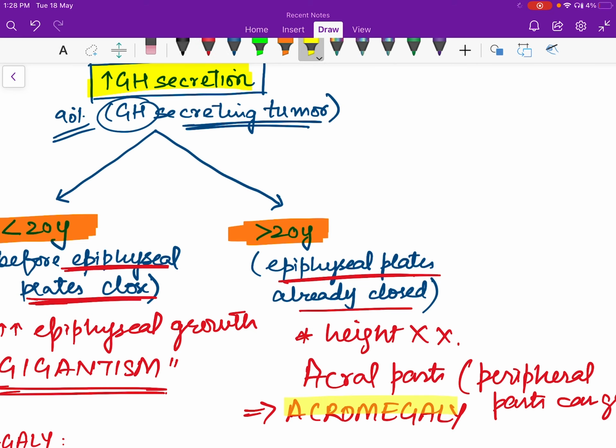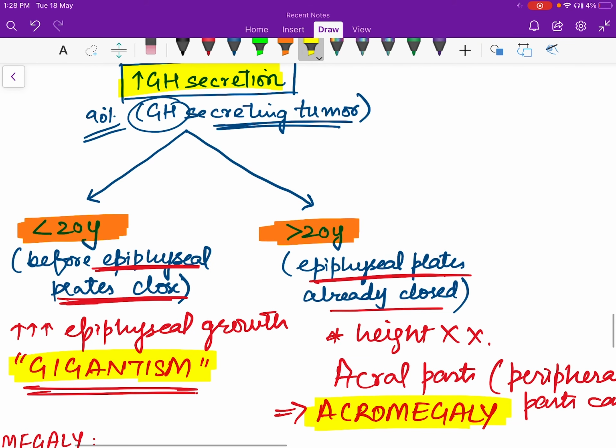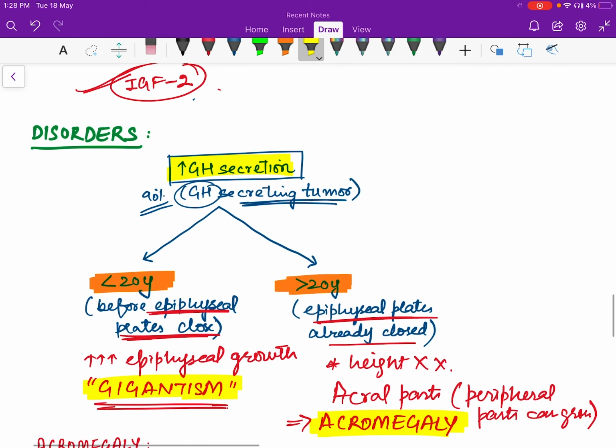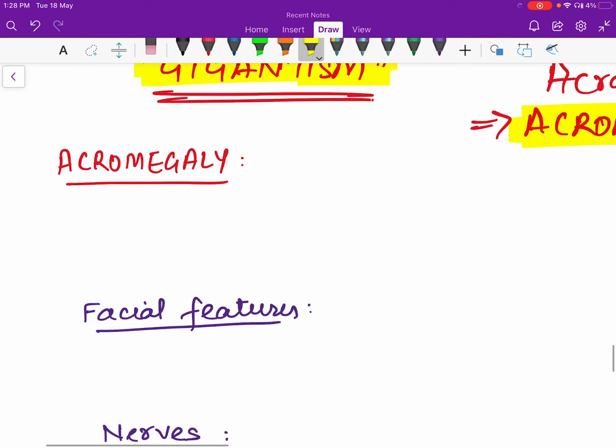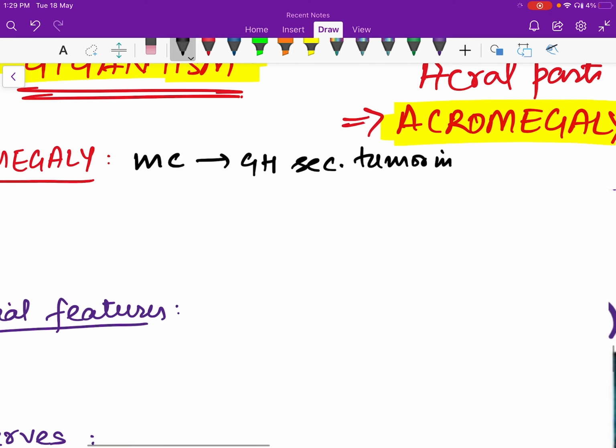So, in less than 20 years of age, gigantism. More than 20 years of age, acromegaly, because it affects only acral parts. Now, let us try to understand acromegaly. As we saw, most commonly it occurs because of a growth hormone secreting tumor in the pituitary.